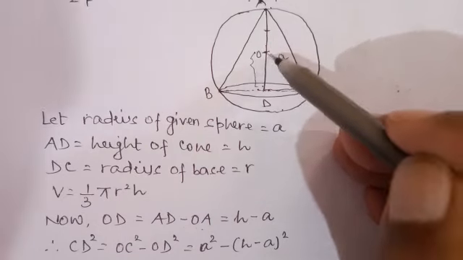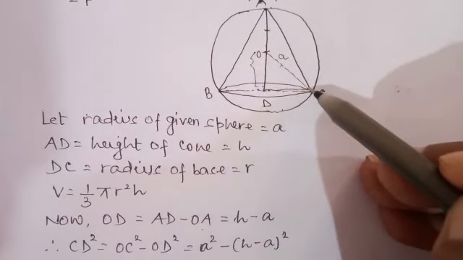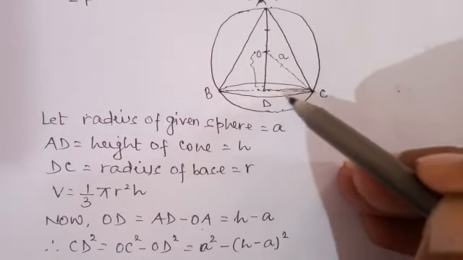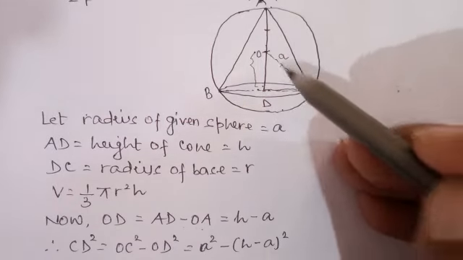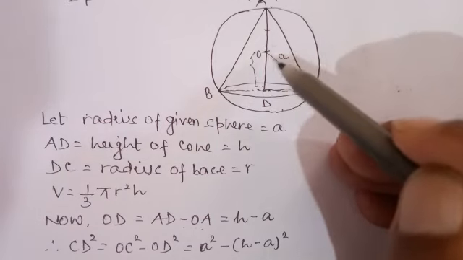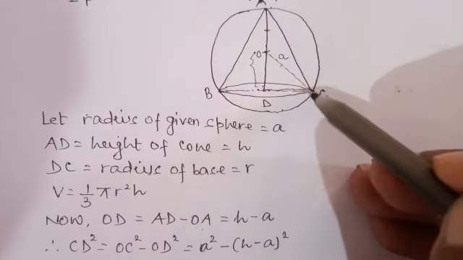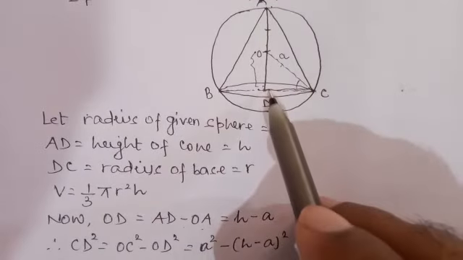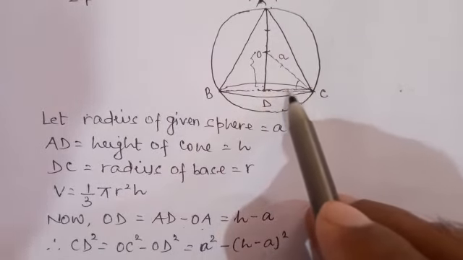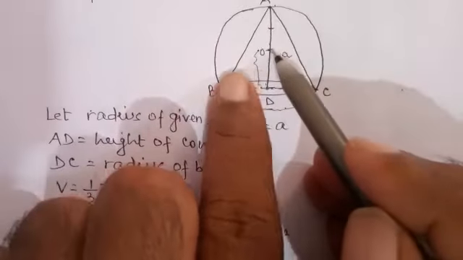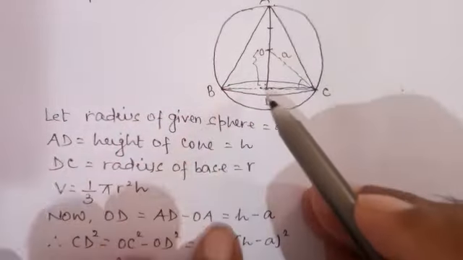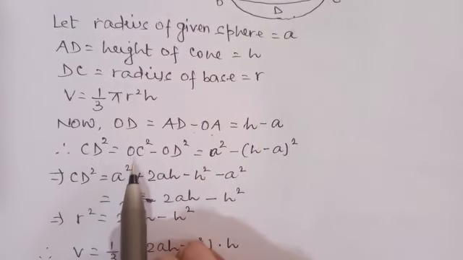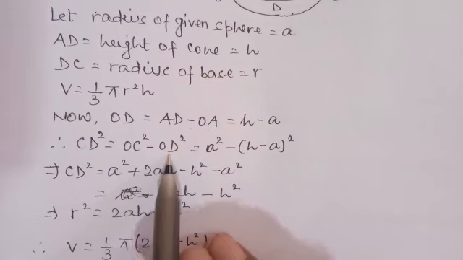See, ODC will be a right angle triangle. So in a right angle triangle the Pythagoras theorem is applicable. So according to the Pythagoras theorem, this is the hypotenuse and base. So DC square or CD square should equal hypotenuse square minus altitude square. Hence CD square is equal to OC square minus OD square.